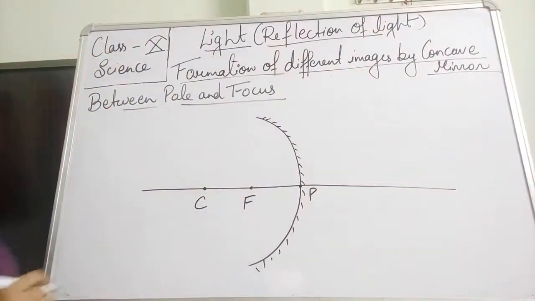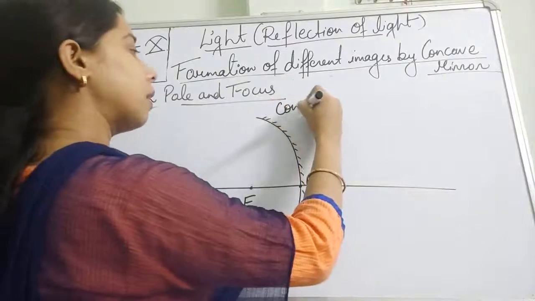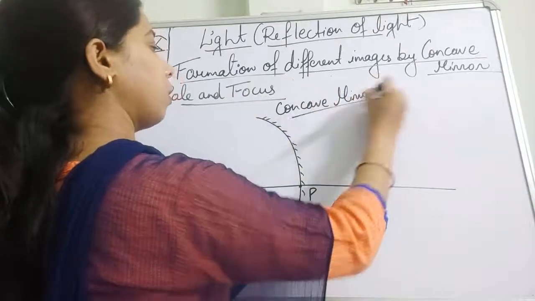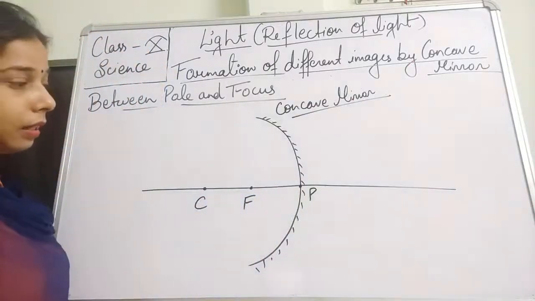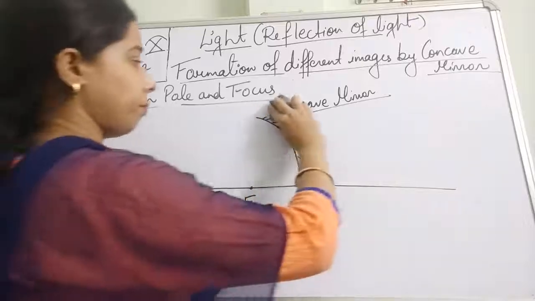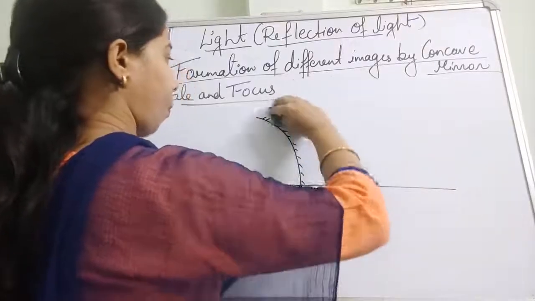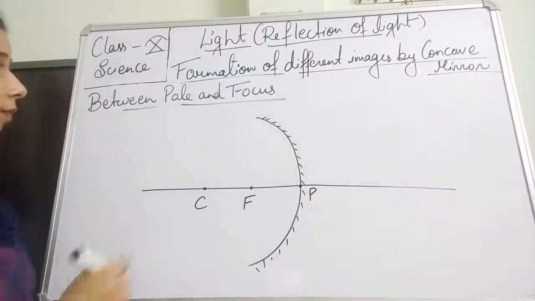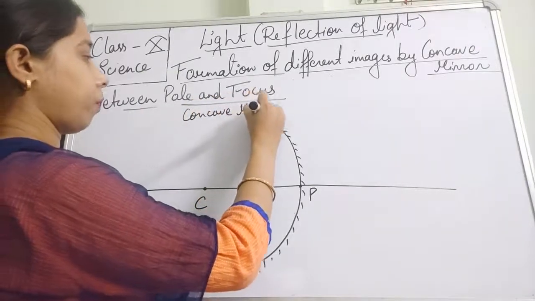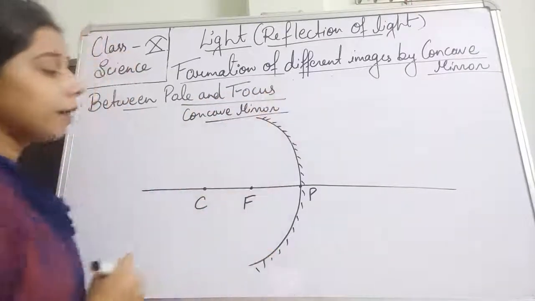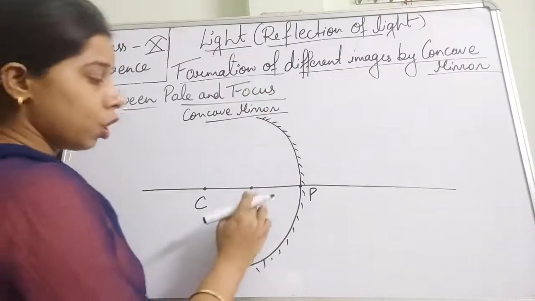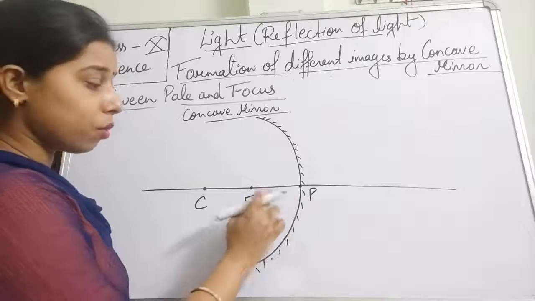Now, this is the concave mirror. We are saying that when we keep the object between pole and focus, this is the pole, this is the focus.